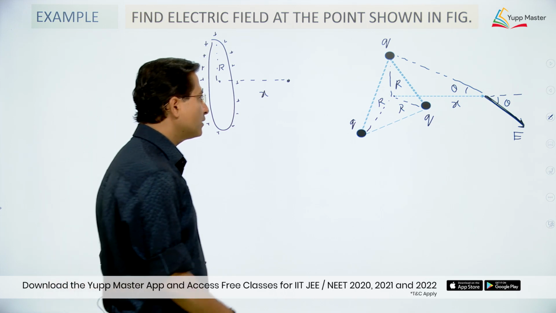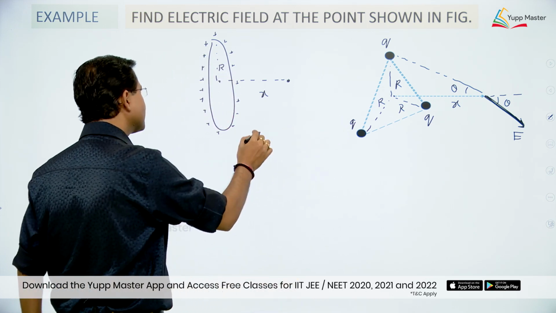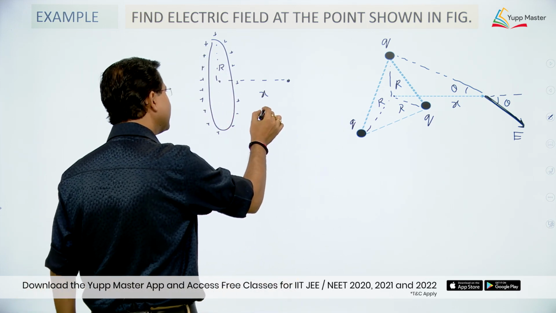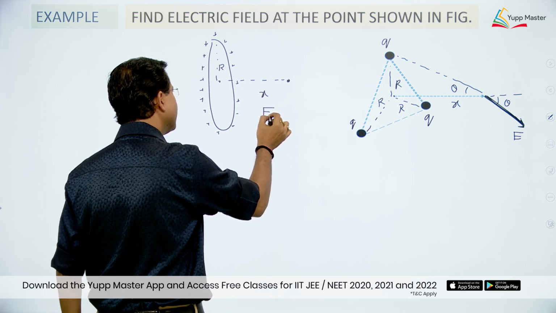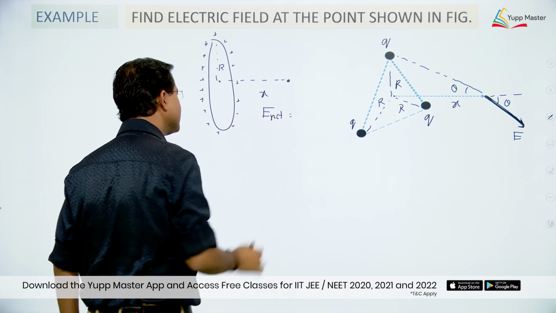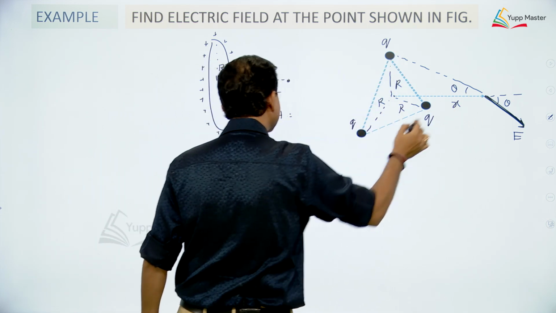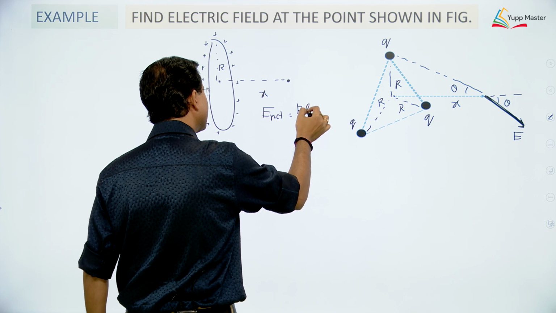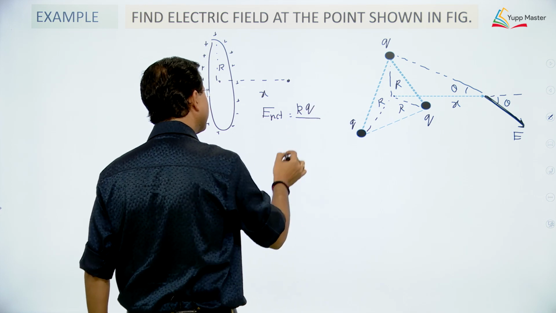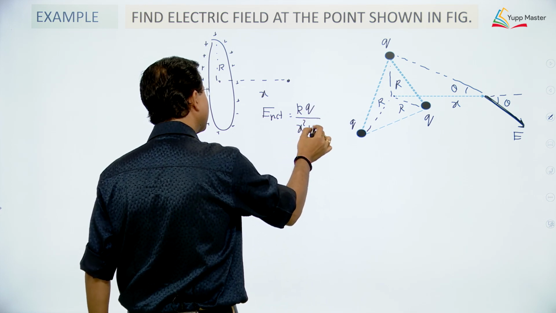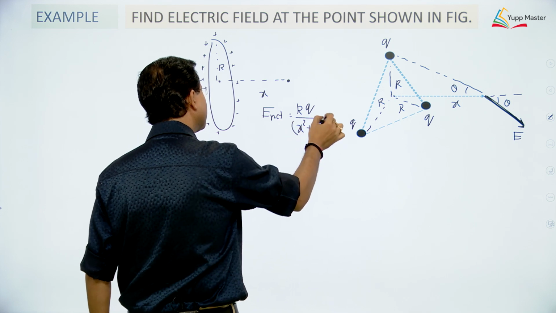So, their cos component will get added up and in this situation I can write that net field is equal to k q divided by x square plus r square, into cos theta.